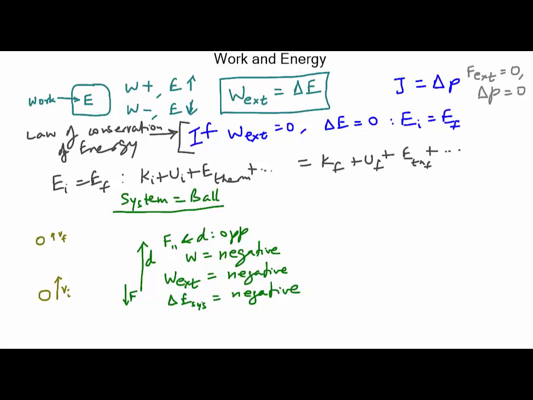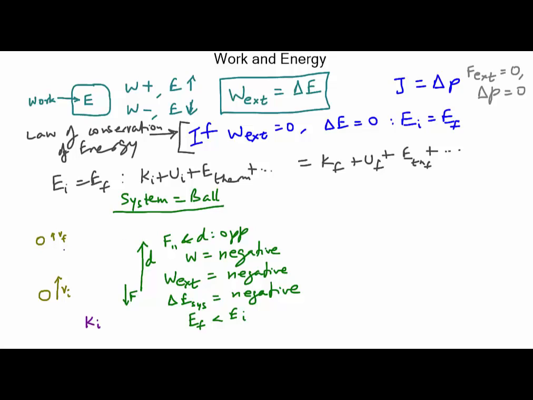Does that happen in this case? Let's take a look. So this E_f is less than E_i. So this ball has kinetic energy. Does it have potential energy? Well, with the system defined as just the ball, there is no potential energy. Remember, potential energy is the interaction between two masses, and in this case I only have one mass.